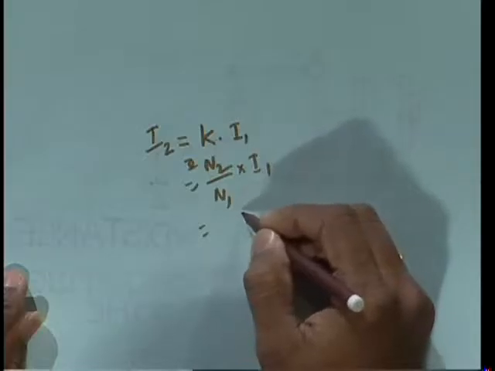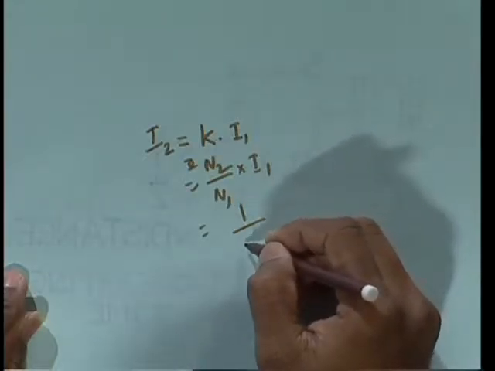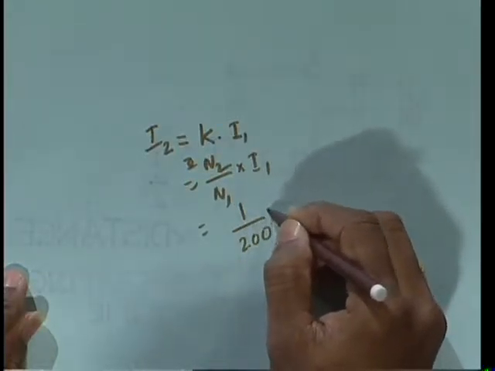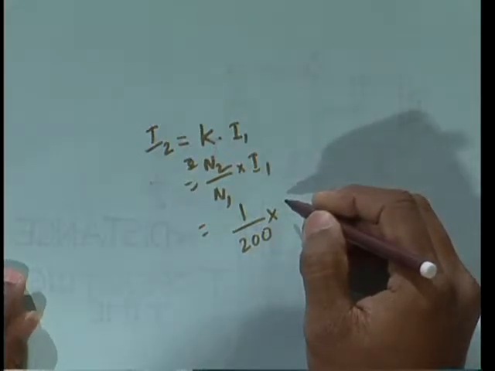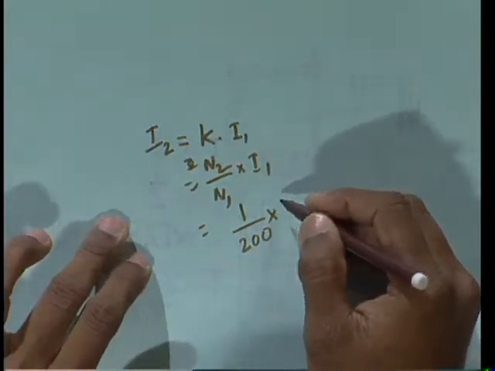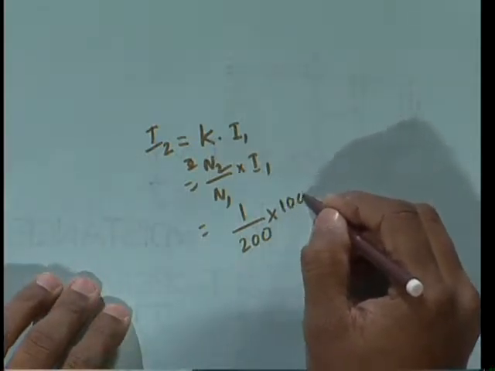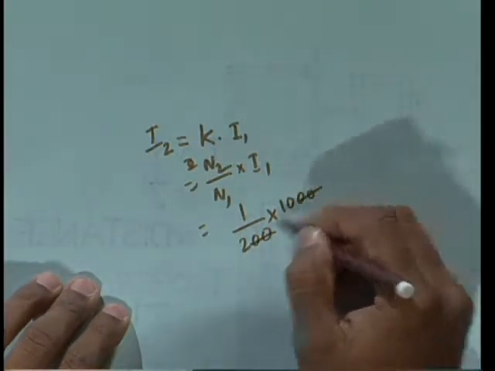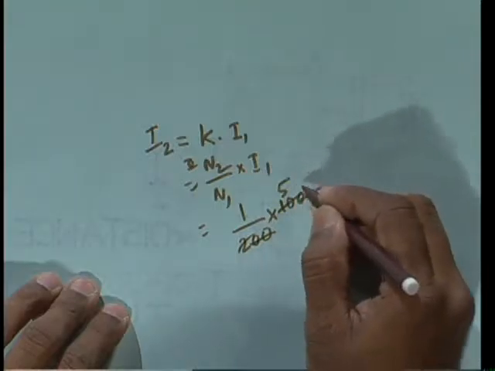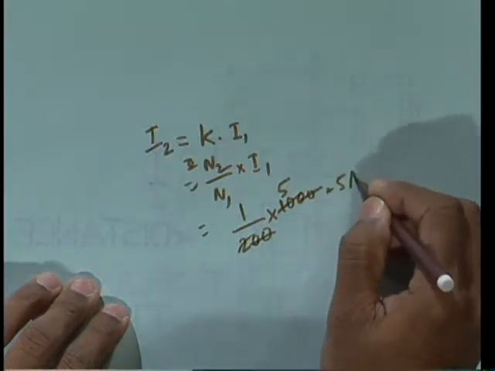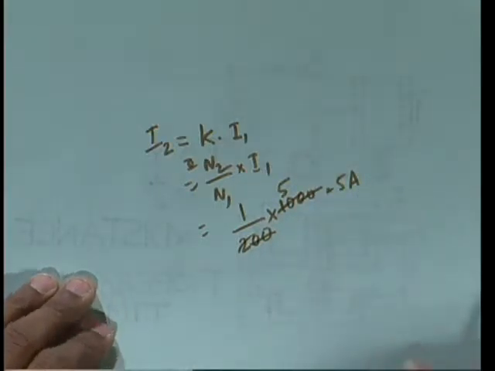Here N2 is 1, N1 is 200, and I1 is the current of the alternator winding itself, the primary current of the CT, that is 1000. So the secondary current of the CT is 5 amperes.